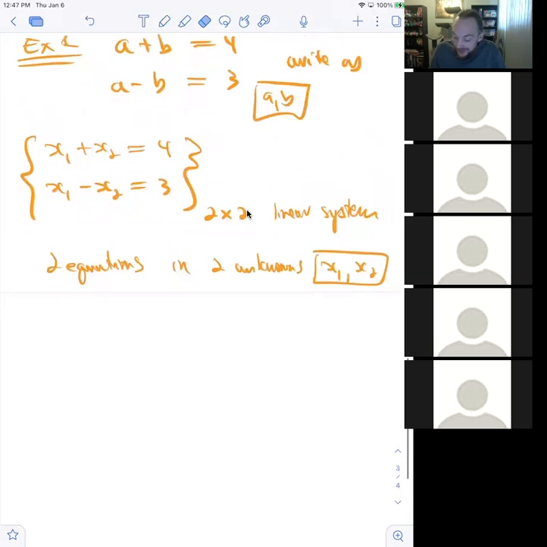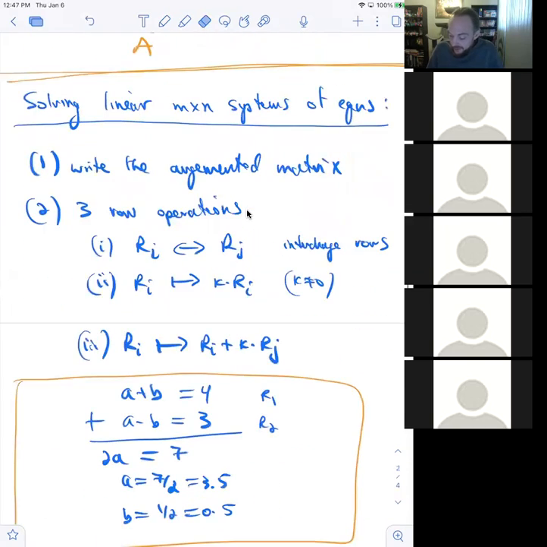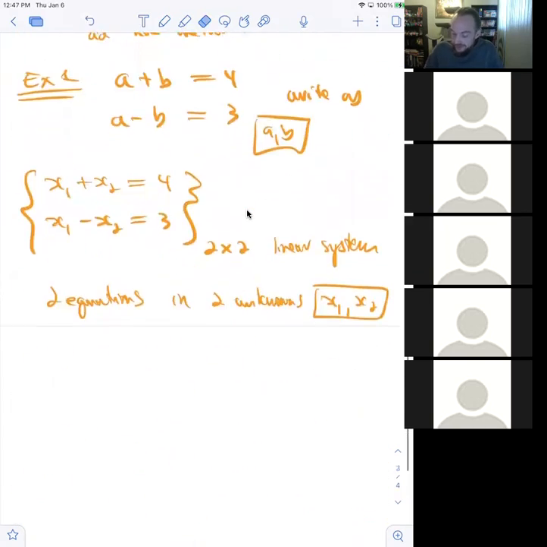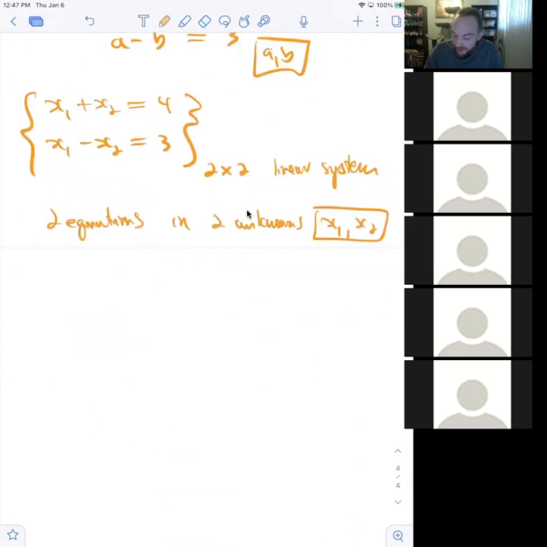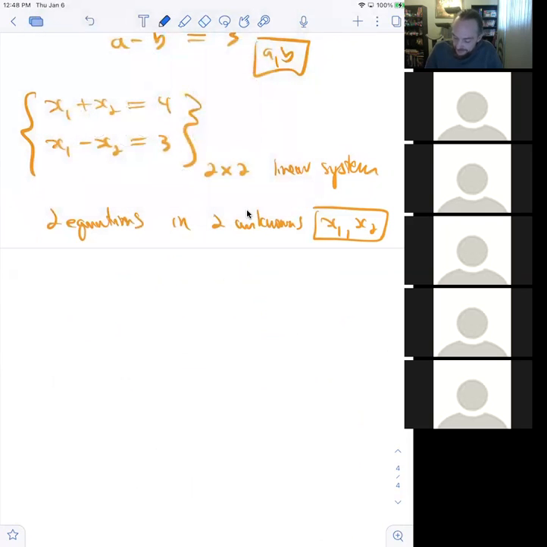And so then what do we do with this? We augment the matrix, and then we use the 3 row operations. And then 3, what we want to do is, so what would I do with that? At 1, I augment the matrix.